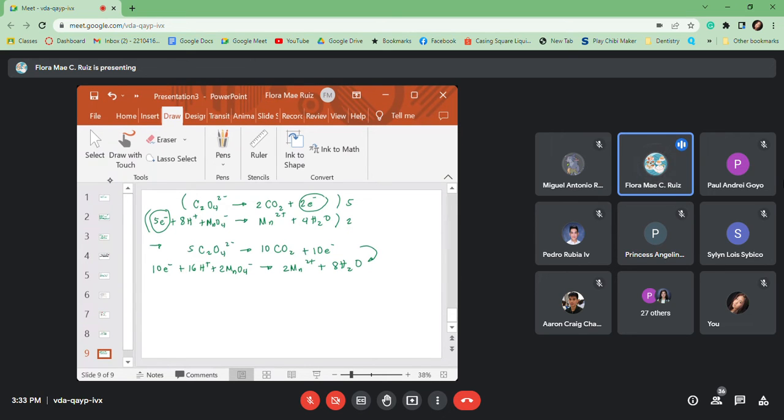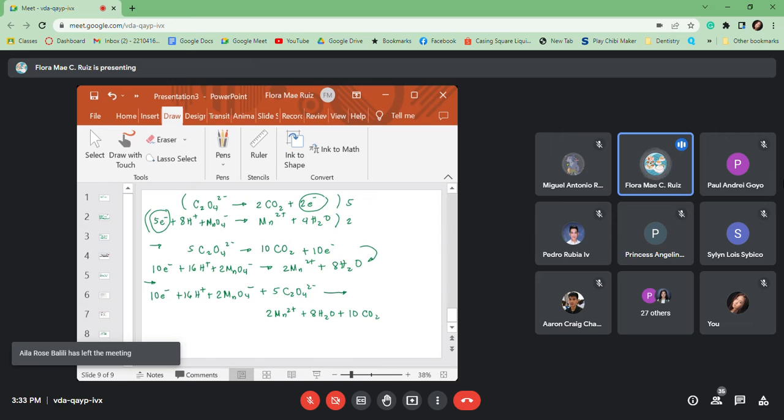So, for the left side, we have 10 e minus plus 16H plus 2 MnO4 minus plus your 5 C2O4 2 minus. That will yield, we combine everything on the right side, 2 Mn2 plus, 8 H2O, plus 10 CO2 plus 10 e minus.